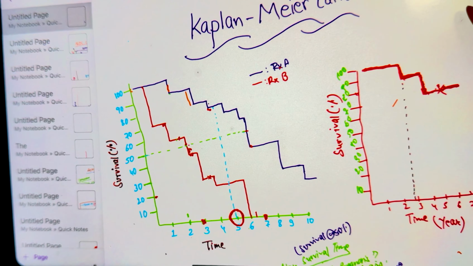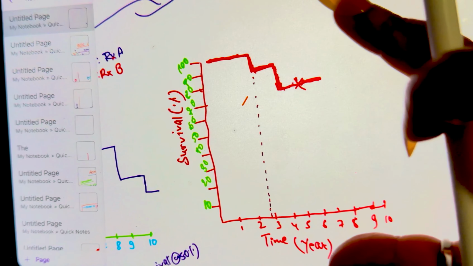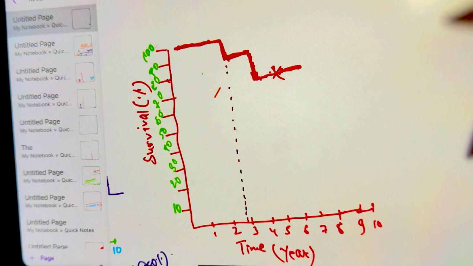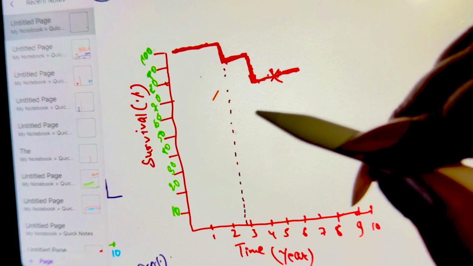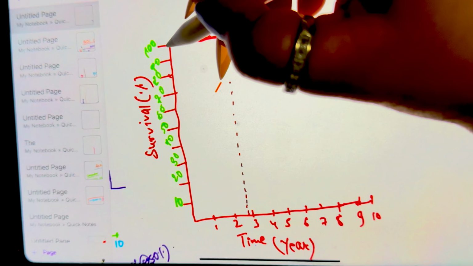Now first I'll give you an example in this diagram so that it will be clear. The Kaplan Meier curve, as I said earlier, starts from 100% survival.